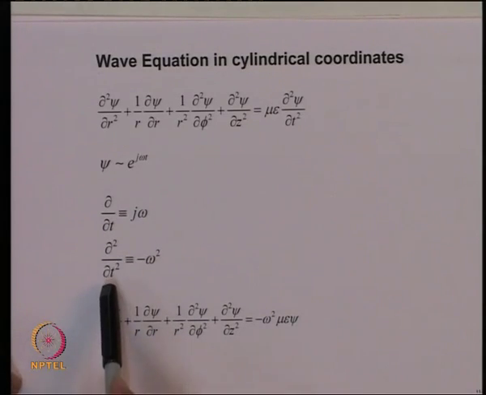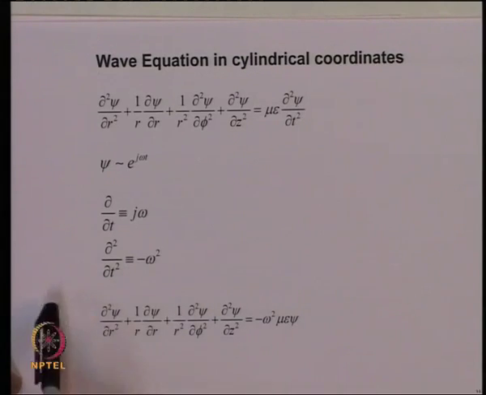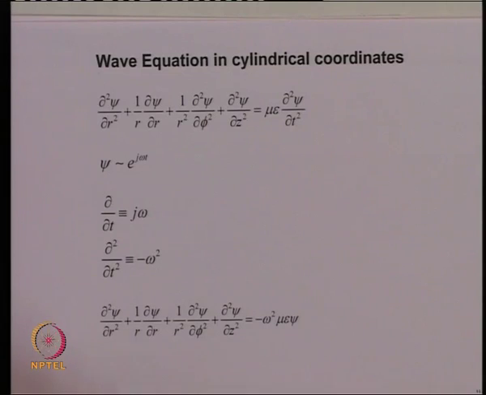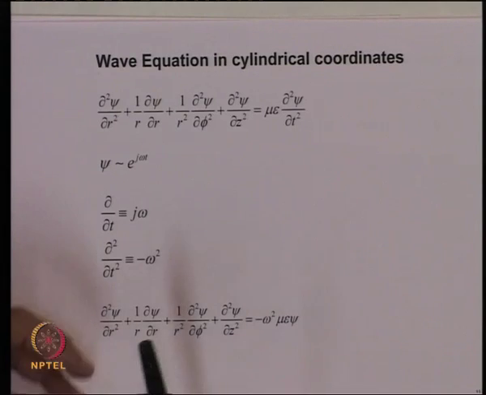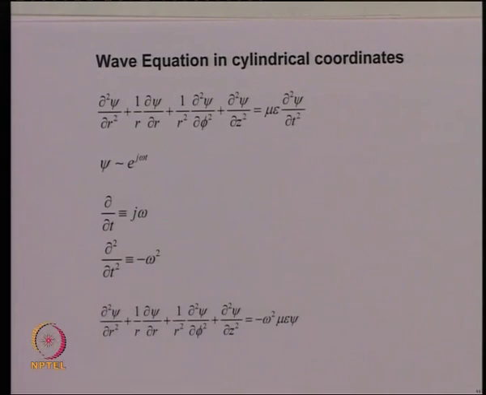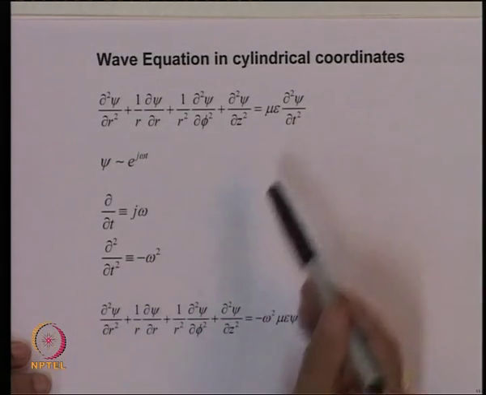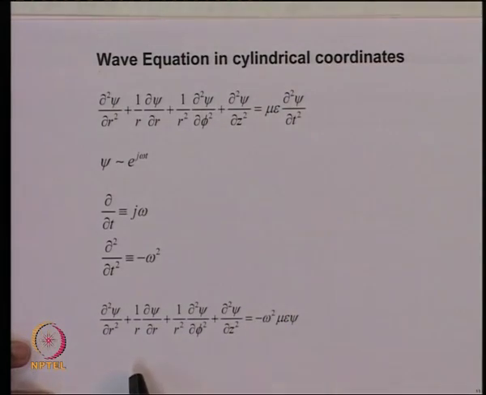So d2 upon dt square is equivalent to multiplying the quantity by minus omega square. So, any quantity varying time harmonically with angular frequency omega, its second derivative is equivalent to multiplying that quantity by minus omega square. So I can write the wave equation where the second derivative d2 upon dt square becomes minus omega square. This part remains the same, and the right side is now minus omega square mu epsilon psi.